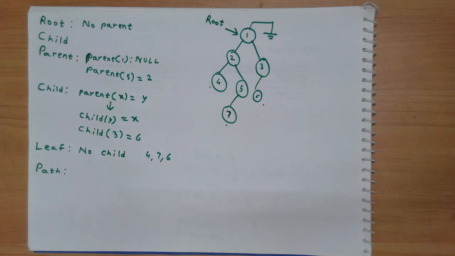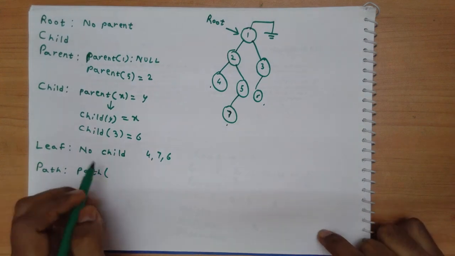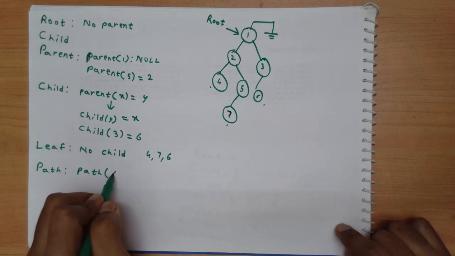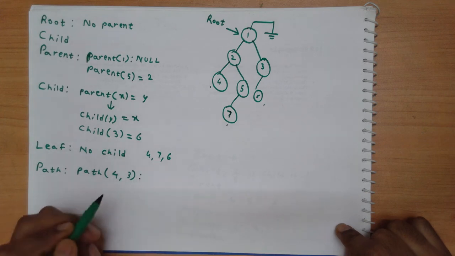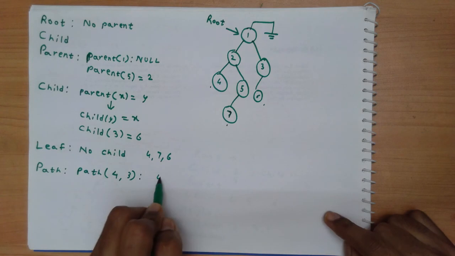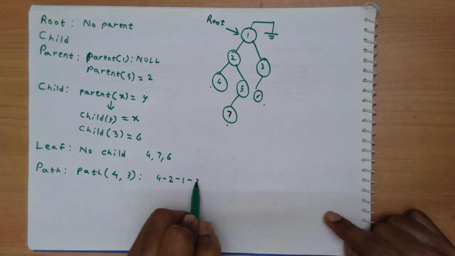So path would require two nodes. Say I am asking for a path from 4 to 3. What is the way I can do that? For that I have to go from 4 to 2, 2 to 1, and then 1 to 3.